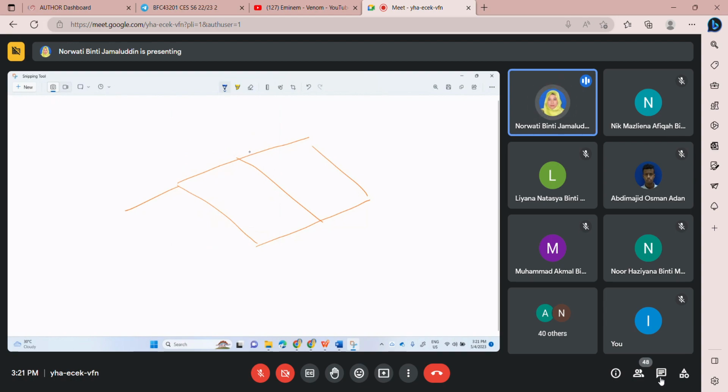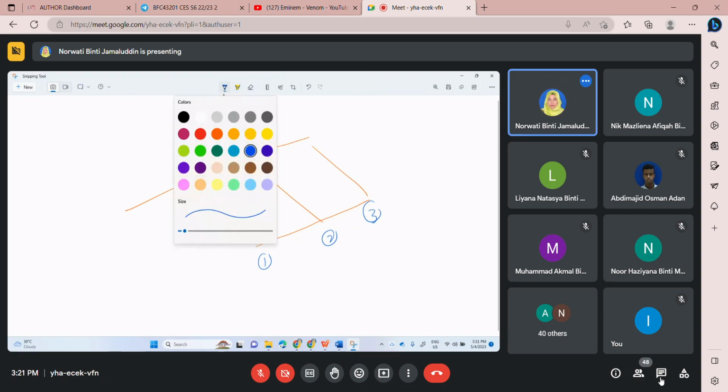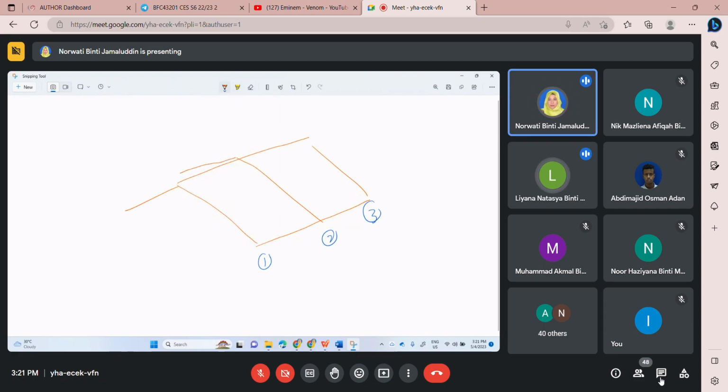This is truss number 1, 2, 3. Can you imagine? You imagine this is the truss, and then you have purlin here, and then this truss.